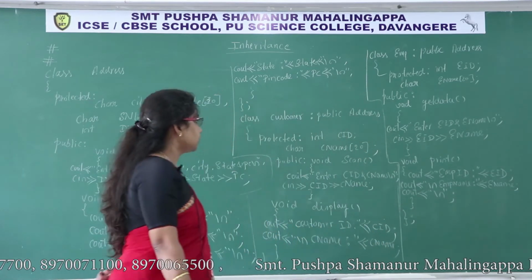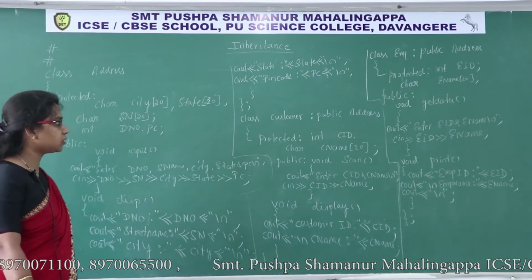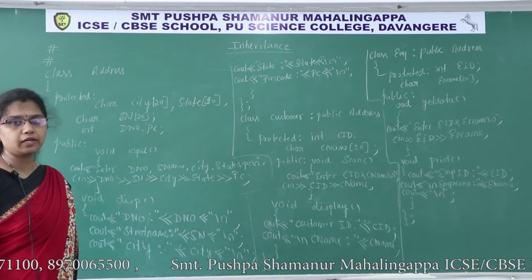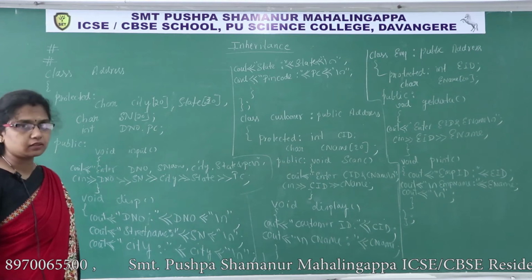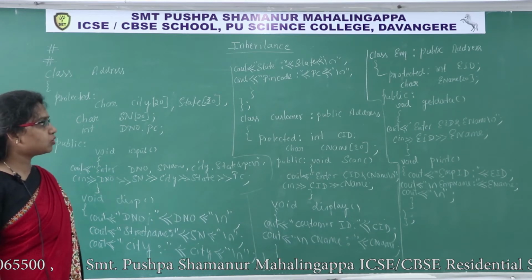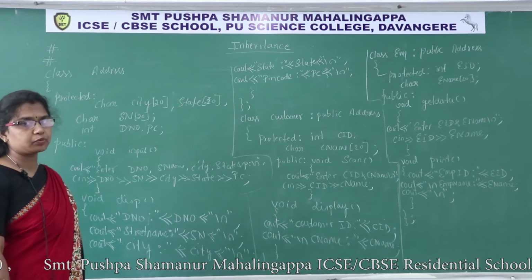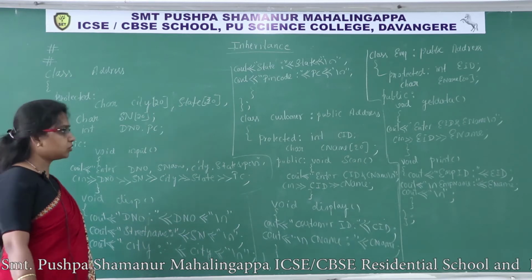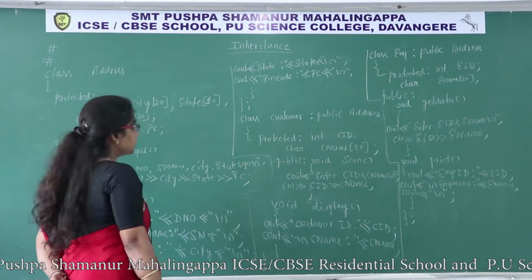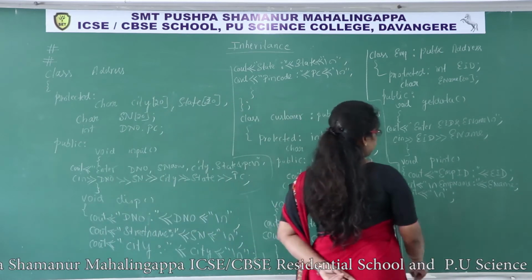Now to access the member functions of customer, we must create an object for the customer class. And to access the members of employee, we have to create an object for employee. Understood? So now we shall write a main function here.